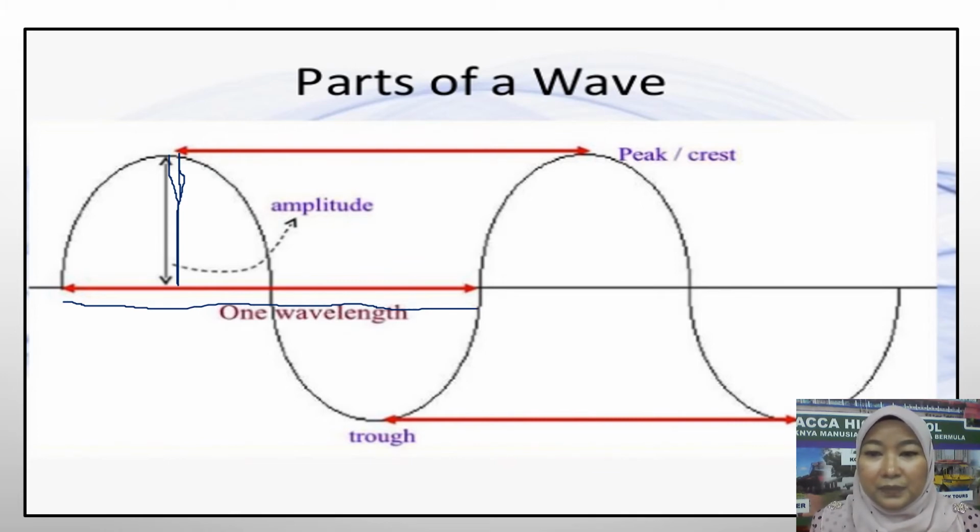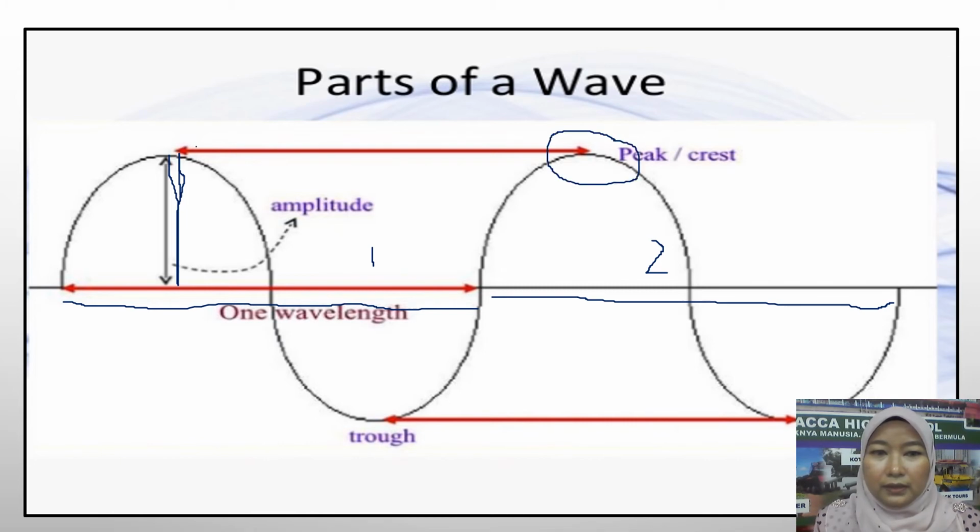Actually, from this picture, we can observe two wavelengths. First wavelength, second wavelength. Here is a peak, this is a peak, and this is a trough.